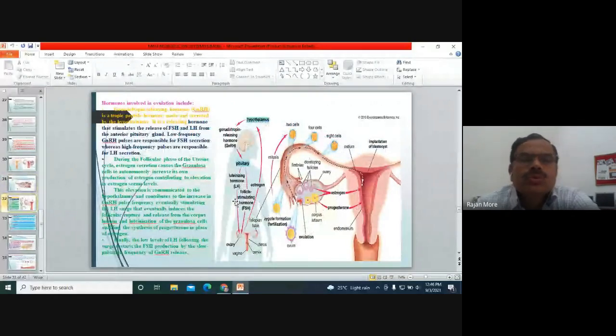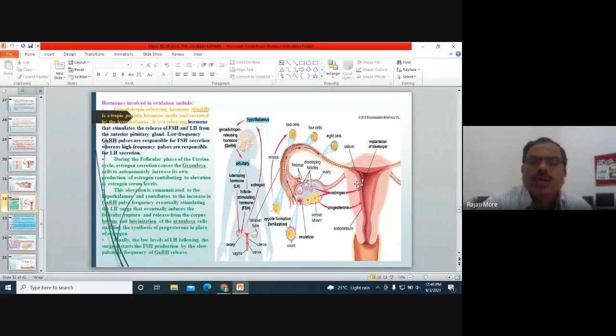Various hormones are involved in the process of ovulation. In this figure, the gonadotropin releasing hormone is shown, which acts on the pituitary. Further, it releases the LH and the FSH.